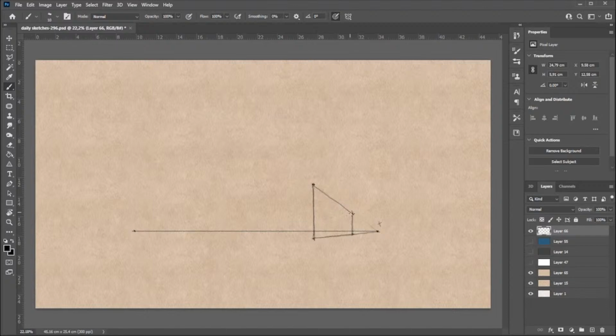This line and this line are parallel, and for the other one we can connect these two lines like this. And we have a cube right now.